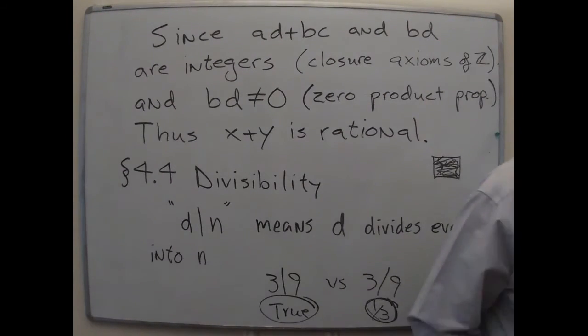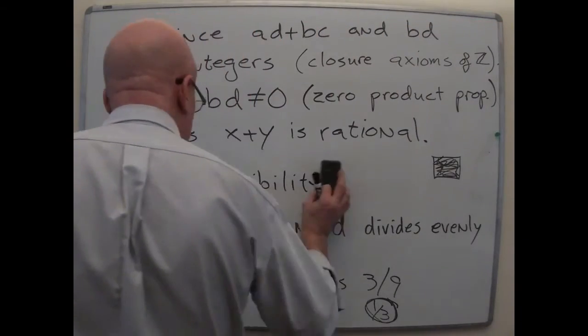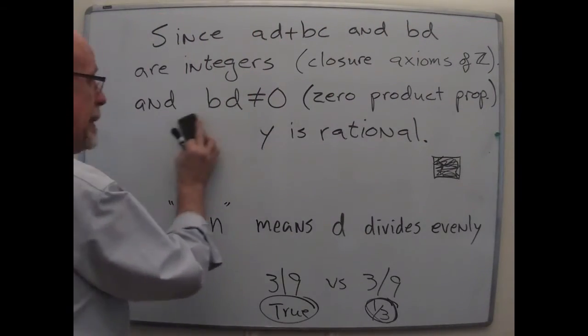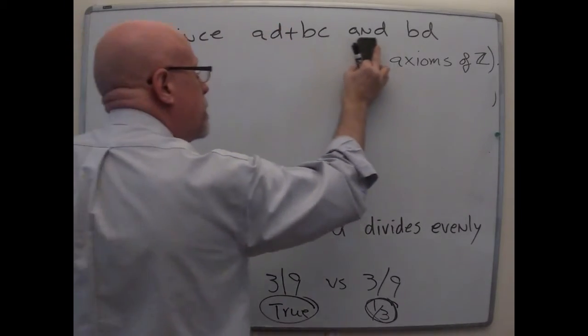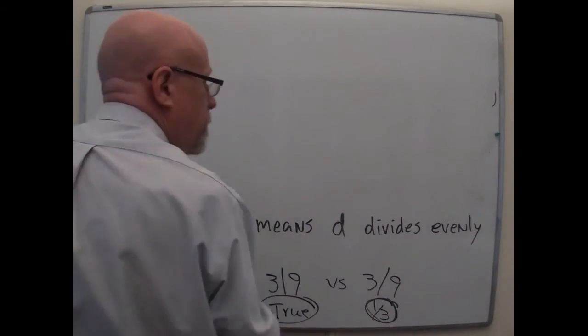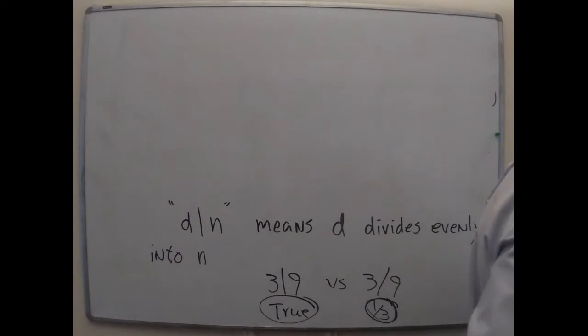You can say N is a multiple of D. You can say D is a factor of N. I'm going to punt a little bit and show you this in the book, because I don't want to write them all down. There's a lot of different ways to say one number divides another.